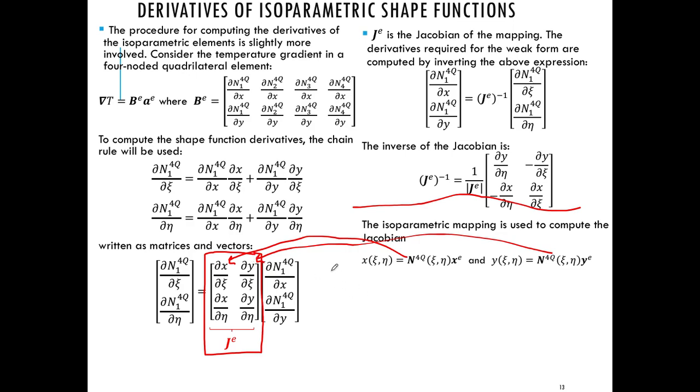One easy way to do that would be to consider that we get this Jacobian, this one right here, by the derivative del by del psi and del by del eta. So this is a what?